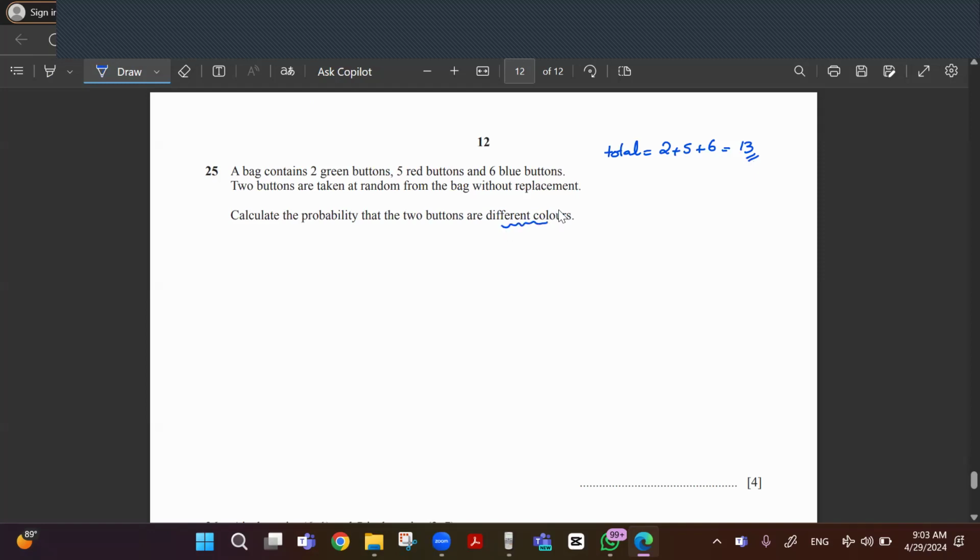Okay? How should I do this? As we took before, what are the options of the 2 buttons to be different colors? They could be green and red, or green and blue, or red and blue. Any other options?